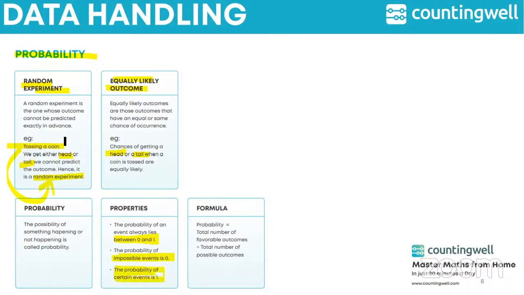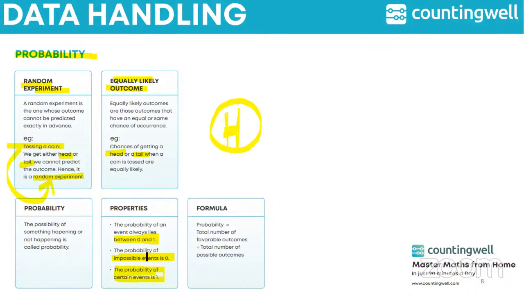Okay. Say for example, I have a circular disc and I have written H on both sides of the disc. So the probability of getting a head once I toss that circular disc is 1, because no matter how I toss, there is only one outcome that I'll get, which is H. That's why the probability of getting an H for the given circular disc is 1.